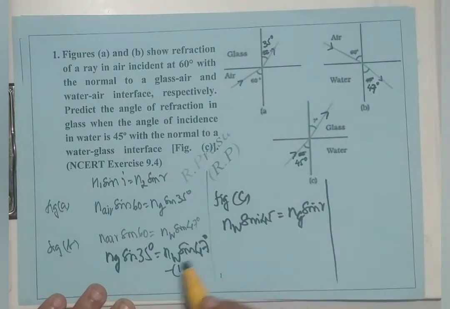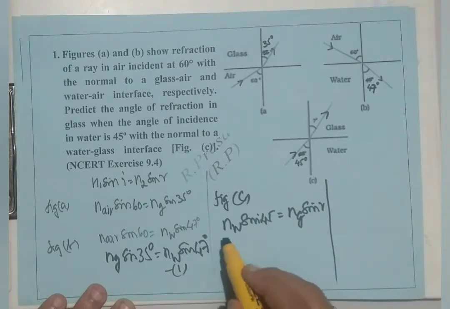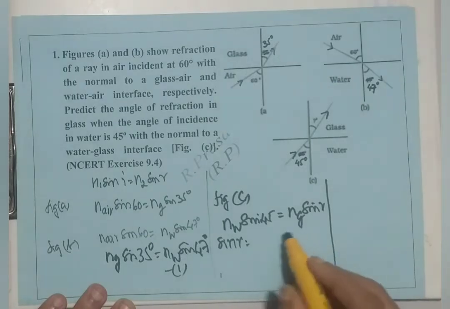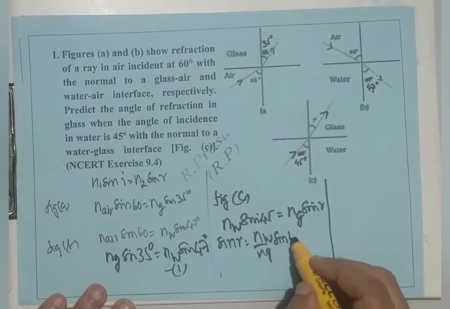Looking at this, Nw sin 47, Ng sin 35. We can write sin R as Nw by Ng sin 45.